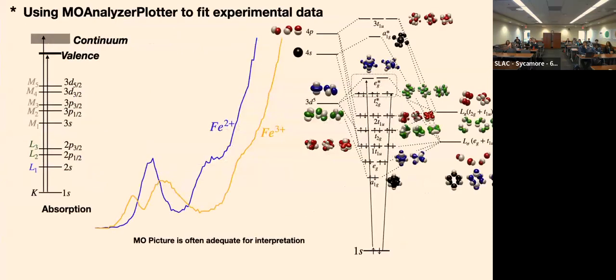For the interpretation of X-ray spectroscopy, the whole thing relies on DFT calculations at the moment, but later we can incorporate some other methods. The MO picture is often adequate for this kind of interpretation, although as we saw in the ghost talk, it's not always the case. More often than not, we see many states as opposed to orbitals.